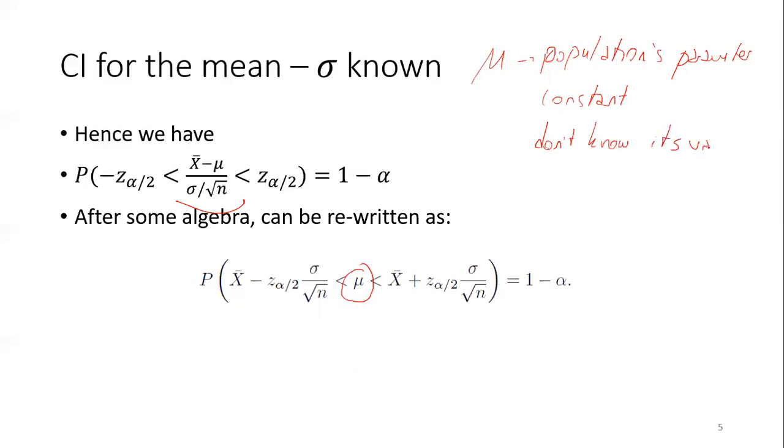So the probability that x bar plus z alpha over 2 times sigma divided by root n is greater than mu, and x bar minus z alpha over 2 times sigma divided by root n is smaller than mu, or in other words, the probability that mu is between these two values, is equal to 1 minus alpha, right? So mu is in fact in this interval: x bar plus or minus z alpha over 2 times sigma divided by root n, okay?